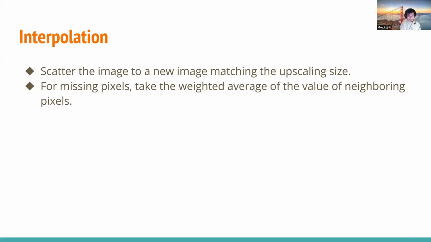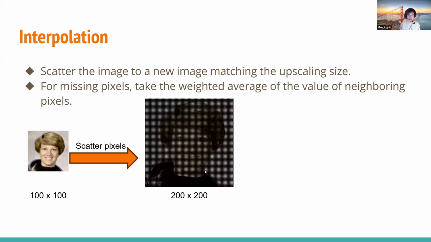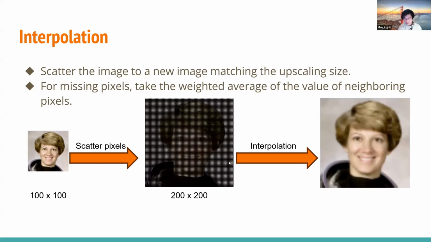Here's an example. We take the example from before: this is one low resolution image, and we scatter pixels to a larger one. First we pad the empty positions with zero, or black pixels, and it will look like this. The next step is to apply interpolation to it, so it becomes a new image where we do not fill in blacks but fill in colors, and it will look like this.